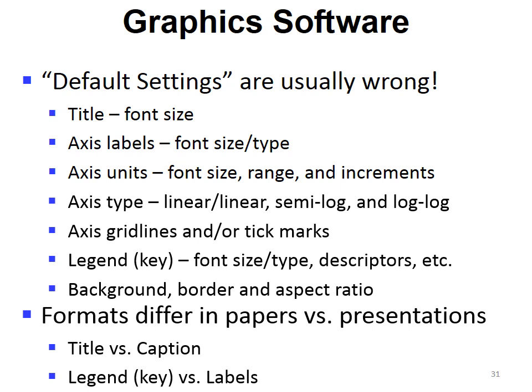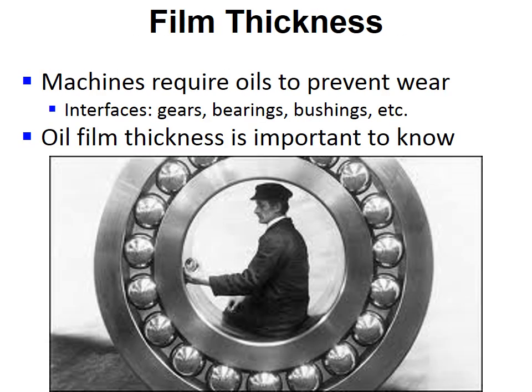I'll show you some of the recommendations for papers in a forthcoming slide, or set of slides, and the use of labels also allows one to forego the use of excessive keys. The following series of slides is based on my own experience with optimization of graphics. The data is based on the film thicknesses that are generated by different oils in a typical ball bearing.